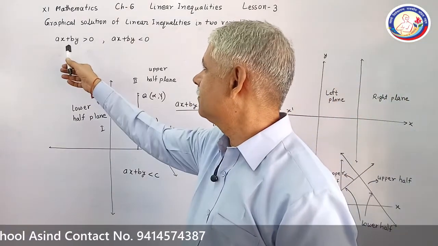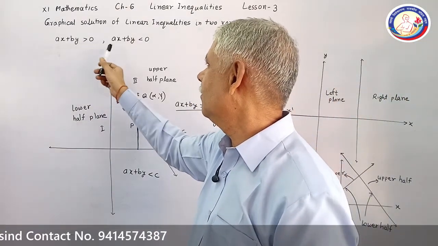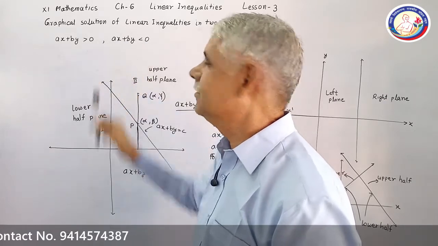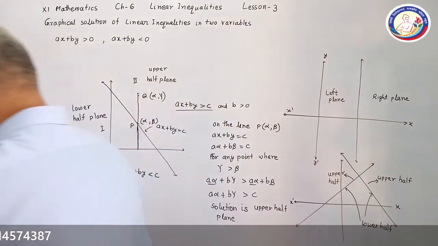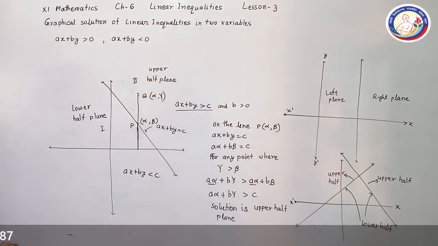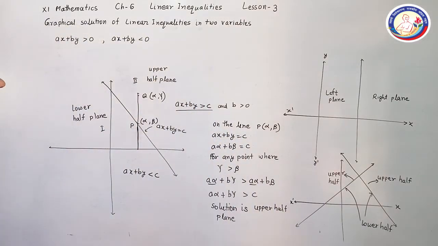Say ax plus by is greater than c or ax plus by is less than c. As we know, three conditions may arise.